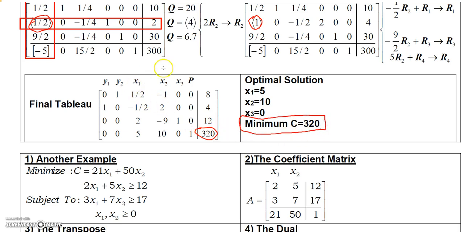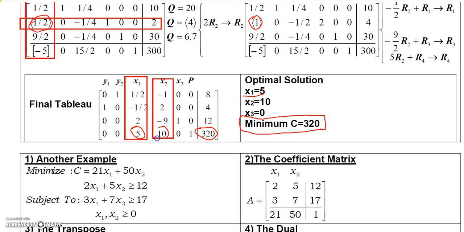But now if I want to find the x values, remember we got to look at the bottom of these columns. So here's the x1 column. Notice at the bottom of that column you have 5. So x1 is 5. And then the x2 column, let's look at the bottom of the x2 column, and notice at the bottom of the x2 column you get 10.